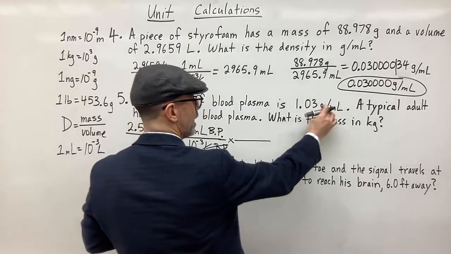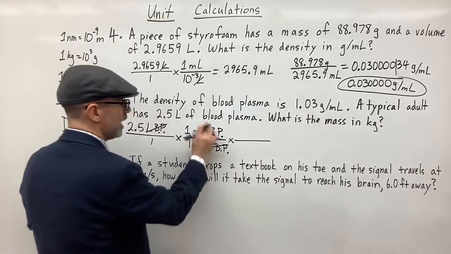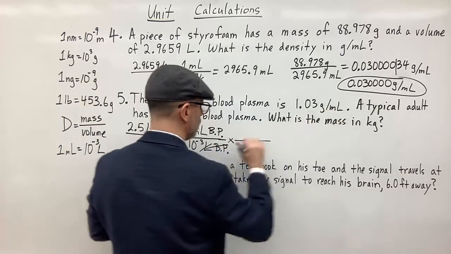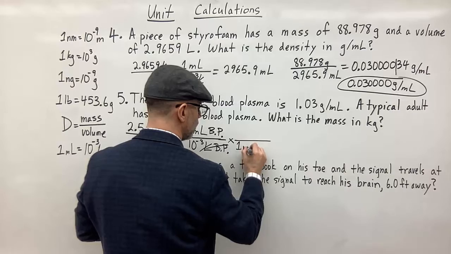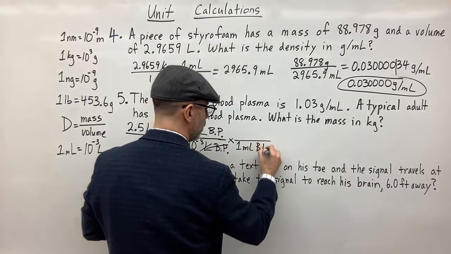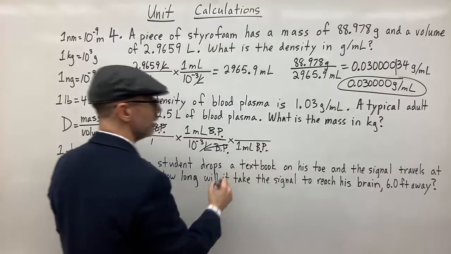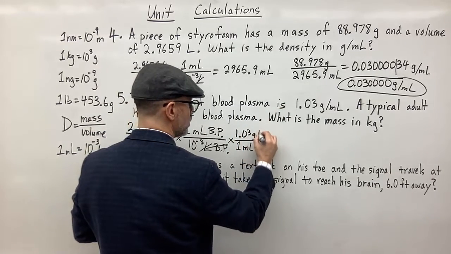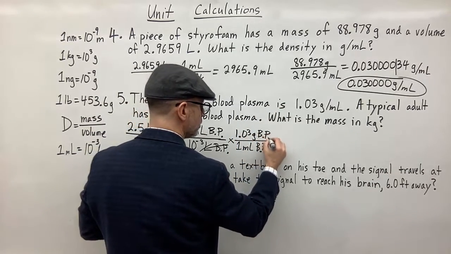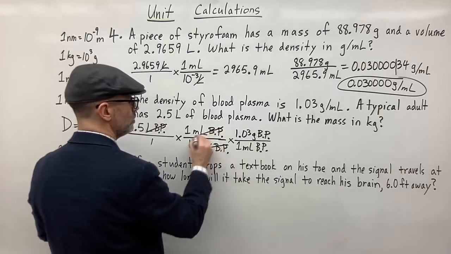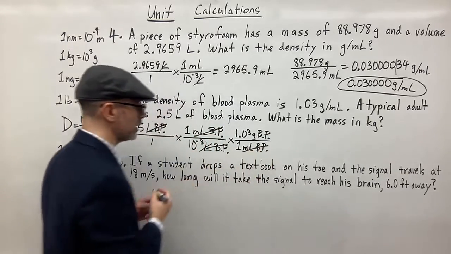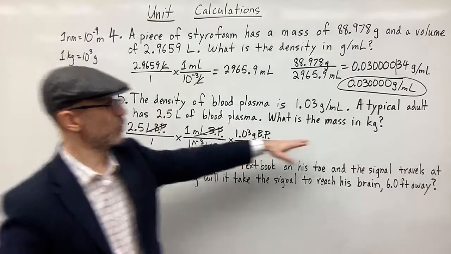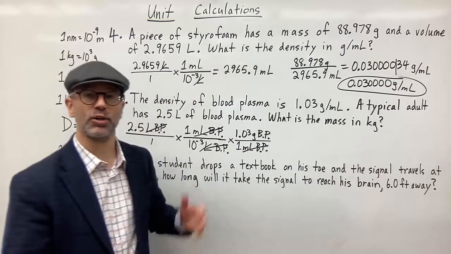I have grams on top. Here I have milliliters on top. I want milliliters on the bottom, so 1 milliliter of blood plasma on the bottom, and then 1.03 grams of the blood plasma on top. So milliliters of blood plasma cancel out. Now I have grams of blood plasma. But we want kilograms, so I need to convert grams to kilograms.